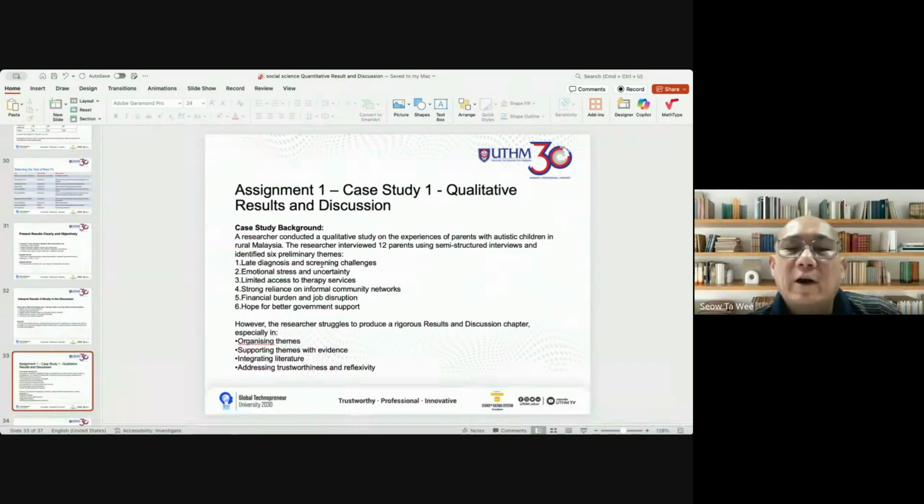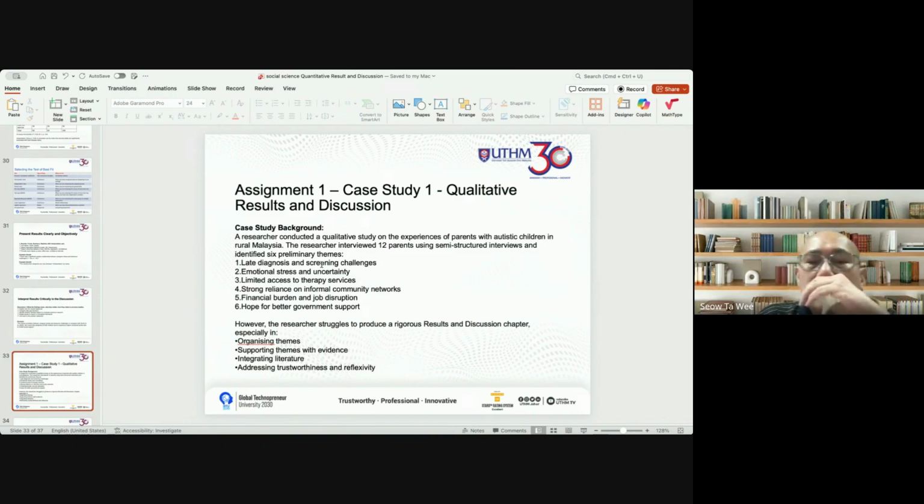However, the researcher struggles to produce a rigorous results and discussion chapter, especially in organizing themes, supporting themes with evidence, integrating the literature, and addressing trustworthiness and reflexivity.